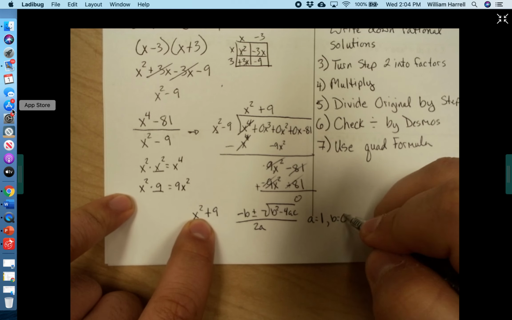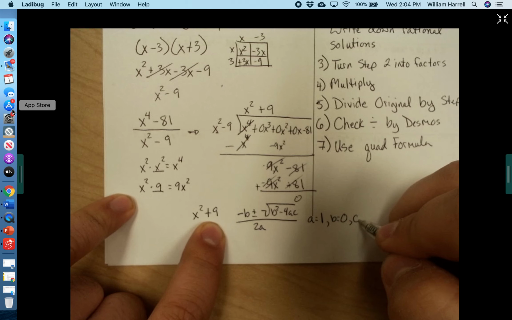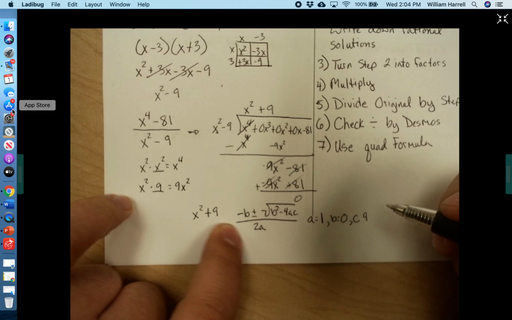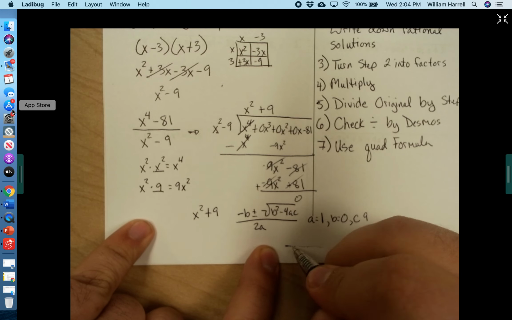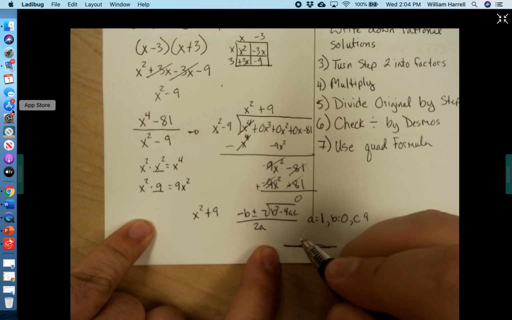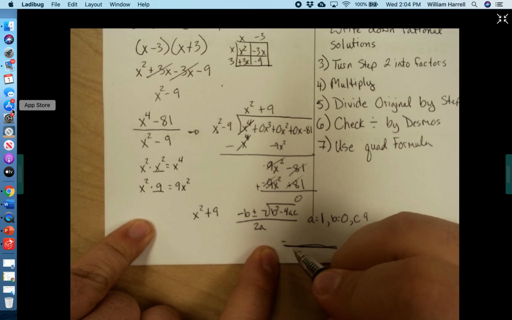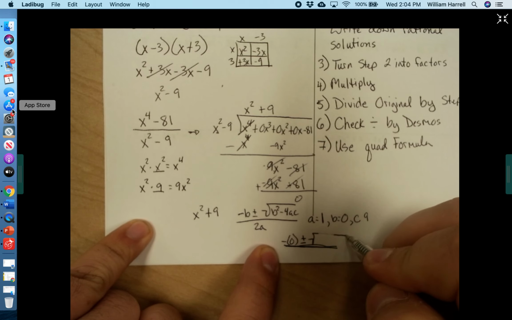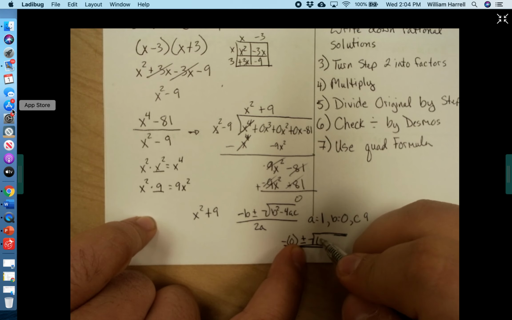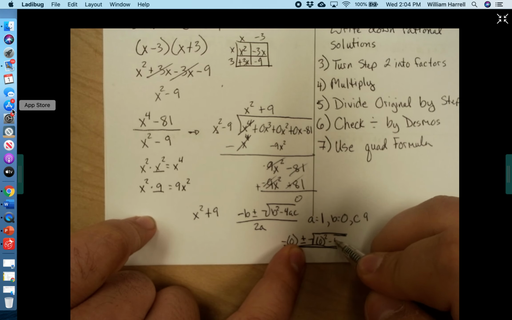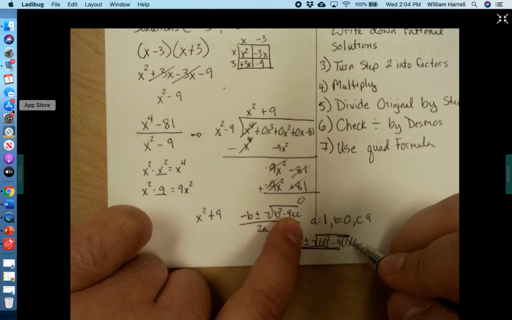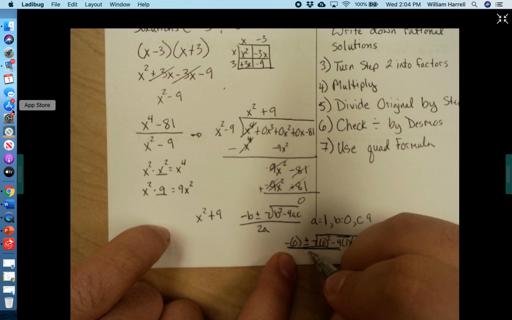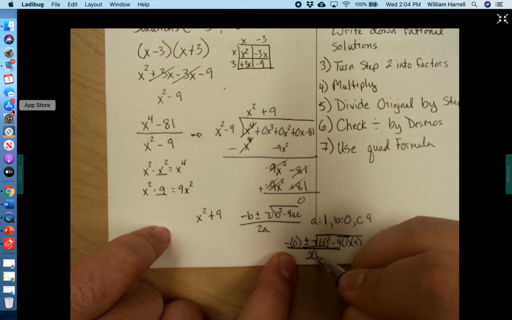Right now it's not 1, so it's a 0. c is your constant. Then you just plug this stuff in. Okay? So, negative 0 plus or minus square root of 0 squared minus 4, a is 1, c is 9, all over 2, a was 1.